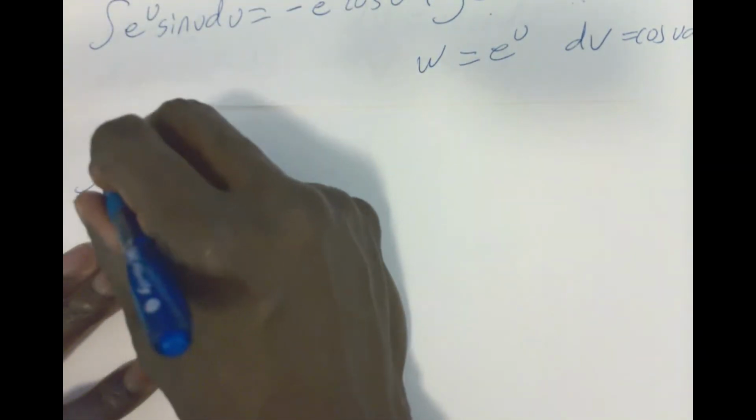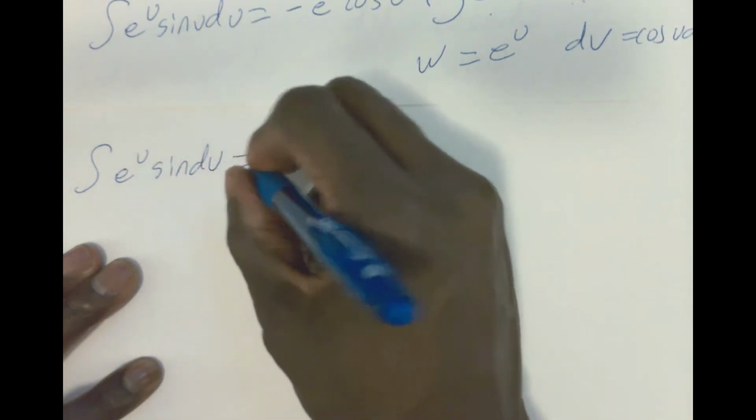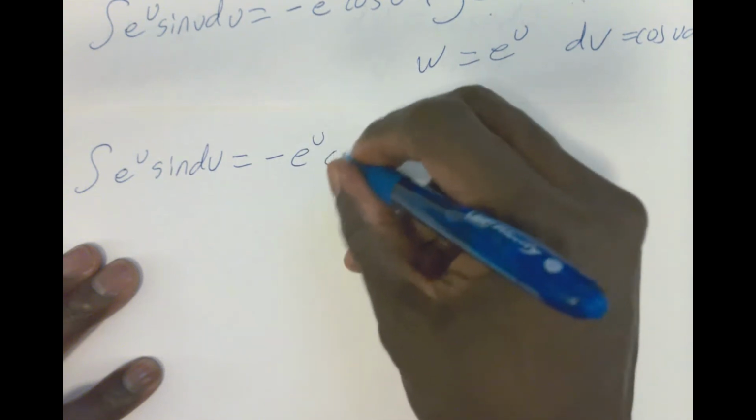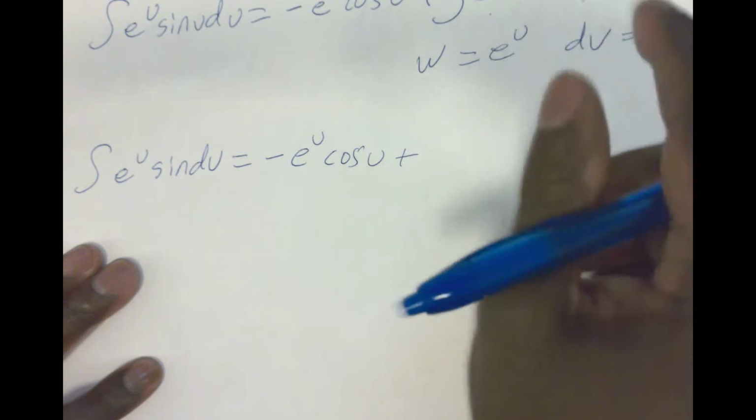All right. So let's write what we have. Just to give you a reminder of what we have thus far. So the integral of e to the u sine u du is negative e to the u cosine u plus, and now I'm going to do my integration by parts.